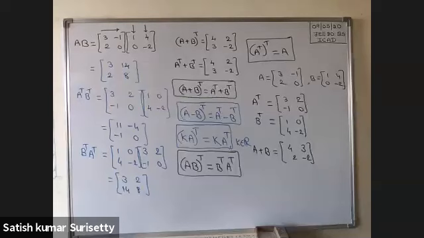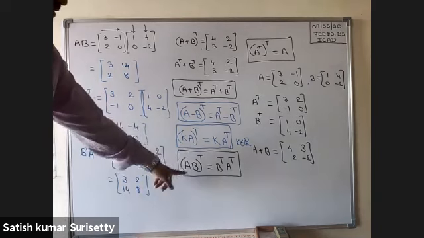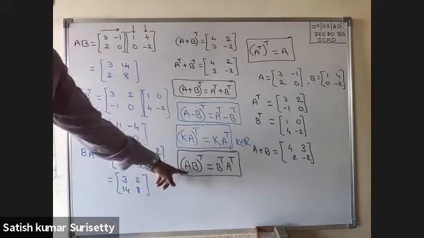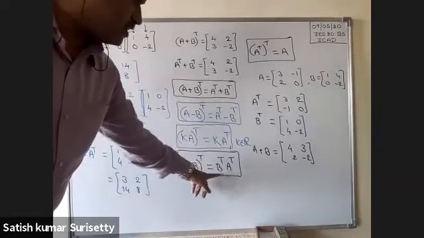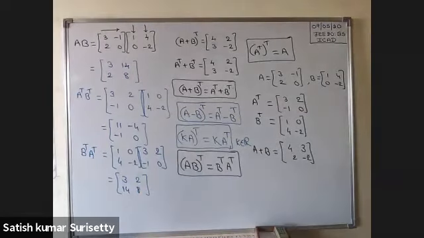B transpose into A transpose. How to read this? Transpose of the product of two matrices is equal to the product of their transposes taken in reverse order, provided the product is defined.